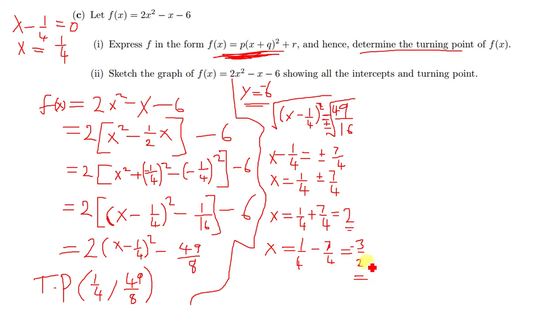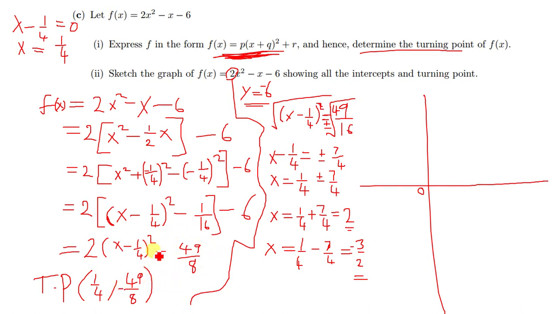So it's meeting the x-axis at negative 3 over 2 and at positive 2. And then you have to also know whether it's minimum or maximum. How? By looking at the coefficient of x squared. Since the coefficient of x squared is positive, then we know it's minimum. So our turning point is 1 over 4 comma negative, sorry, this is supposed to be a negative here.